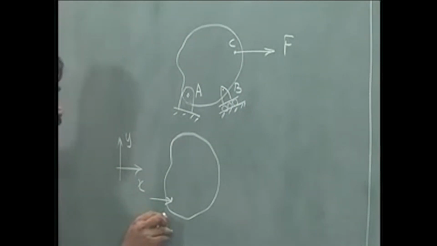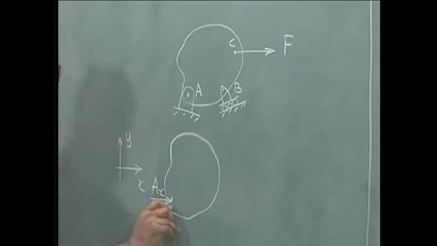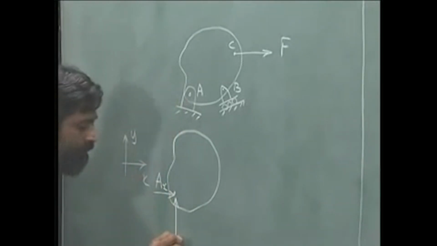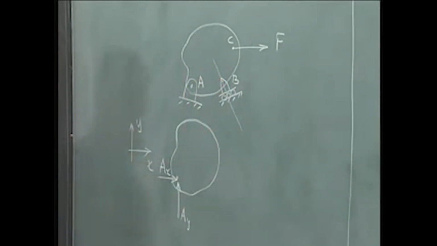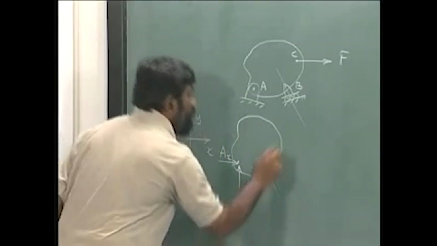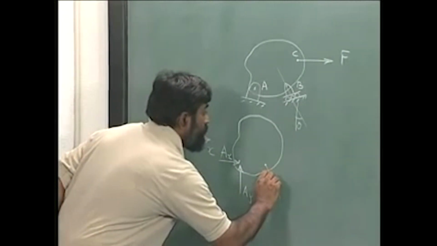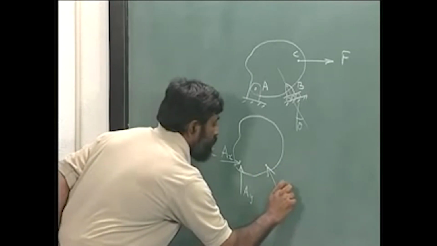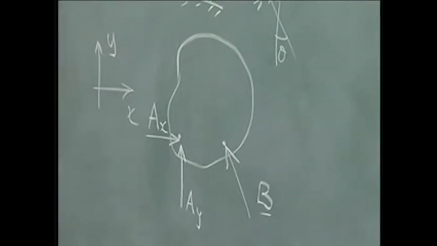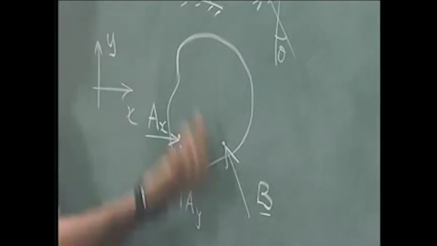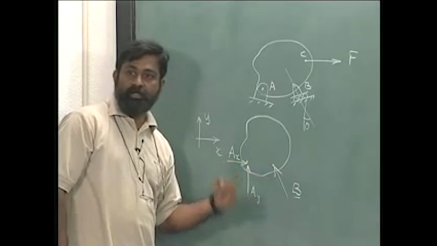We will have a horizontal component, let me call that Ax, and a vertical component of this reaction Ay, and there is a particular direction to this. So let me just represent the direction. Let us say this angle is theta with respect to vertical, so I can represent this as the force B. Mind you, in this particular case I know at what angle the force is acting, which means only the magnitude is an unknown.